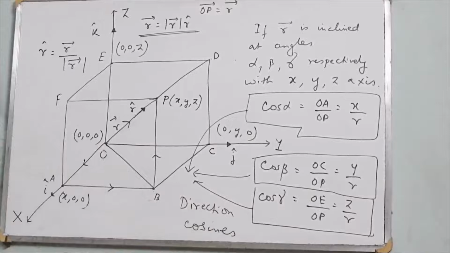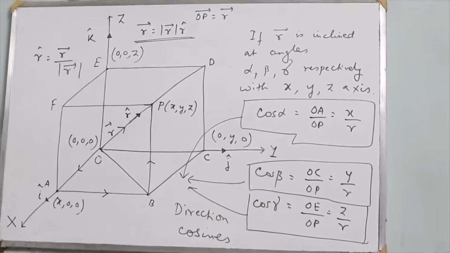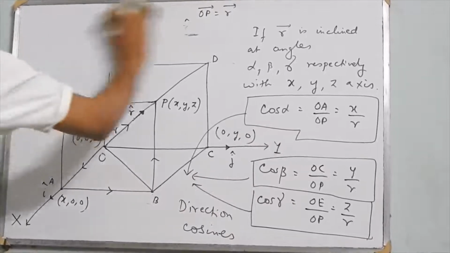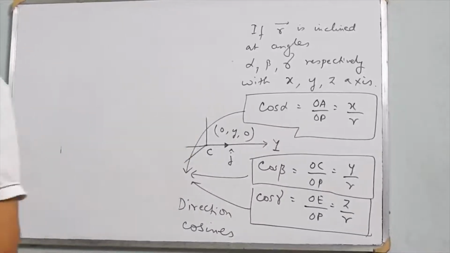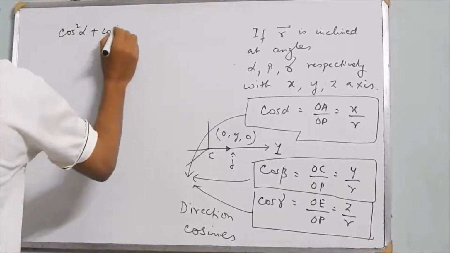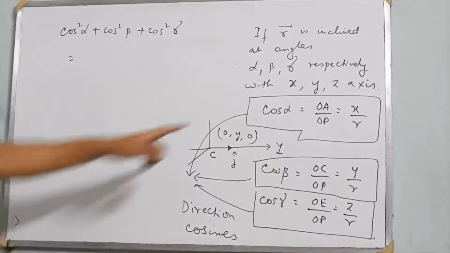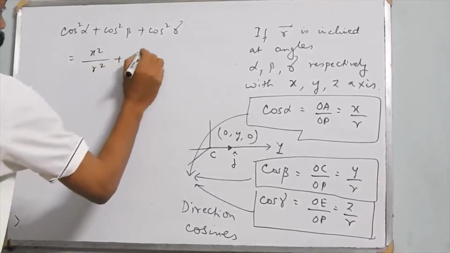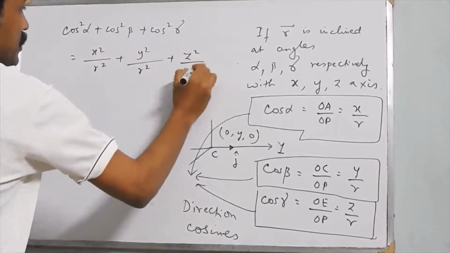And if you find cos square alpha, cos square beta and cos square gamma, you will see that their sum is 1. You can check: cos square alpha plus cos square beta plus cos square gamma will be x square by r square plus y square by r square plus z square by r square.